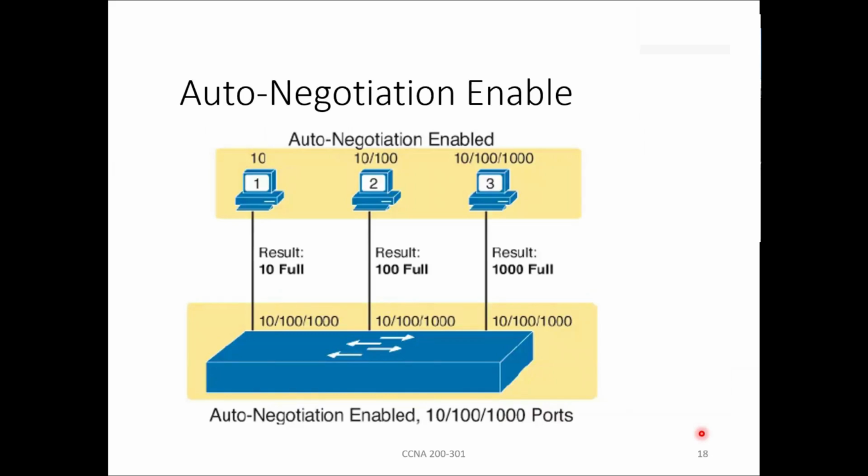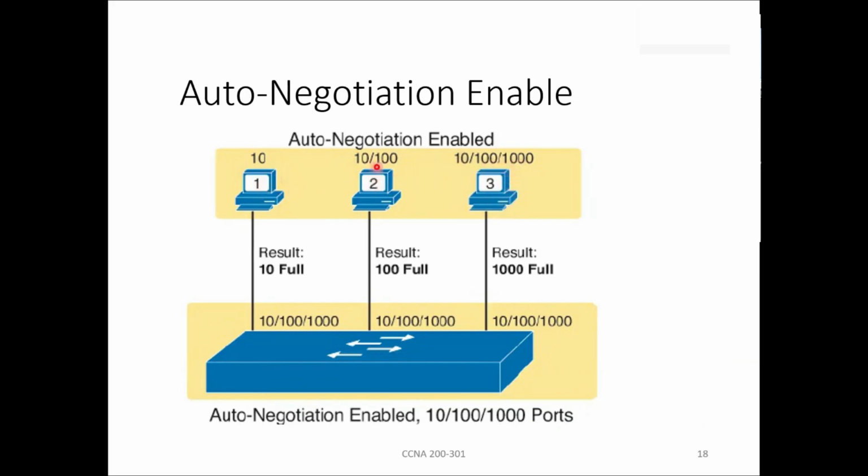Now in our switch, we have some other mechanism. This is called auto negotiation. This is related with speed. Let's say some devices may communicate at 10 Mbps speed. Some devices may support 10 or 100 Mbps, and this device may support 10, 100, 1000.